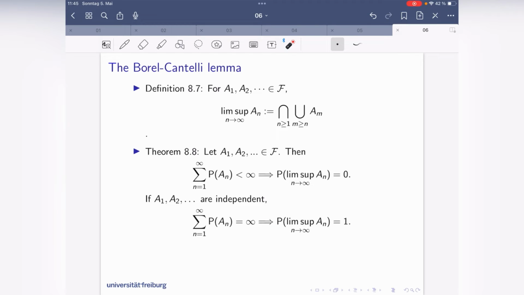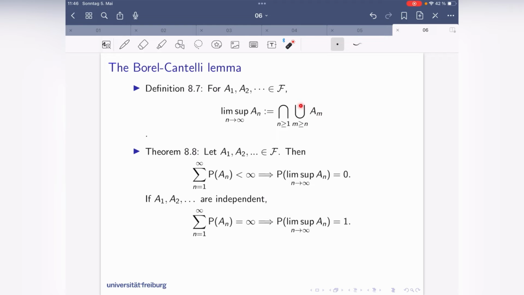Well, let's just say A_M, just to imagine something. A_M is the event that the mth trial of a random experiment is a success. A_M is: the mth experiment is a success. The union over M bigger or equal to N of A_M is the event that in some experiment with a number bigger or equal to N, a success occurs.